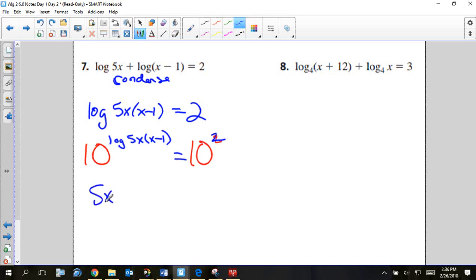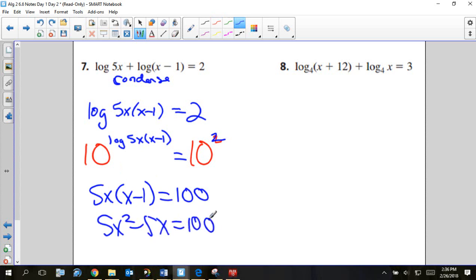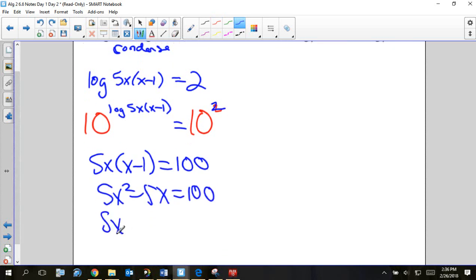So we get 5x multiplied by x minus 1 equals 100. So we have 5x squared minus 5x equals 100. I'm going to make that equal 0. And you would factor and solve this.